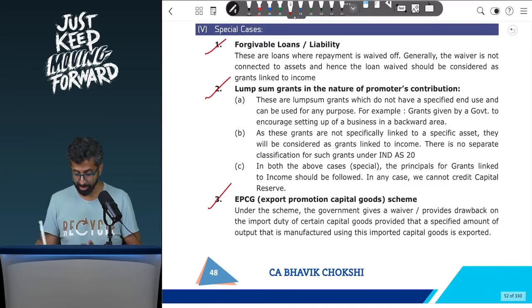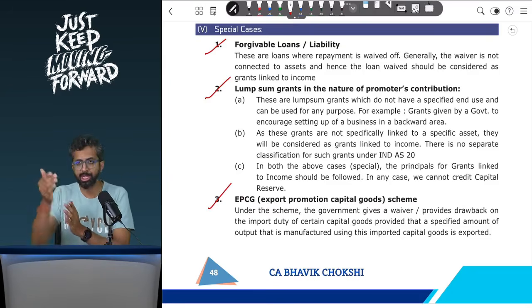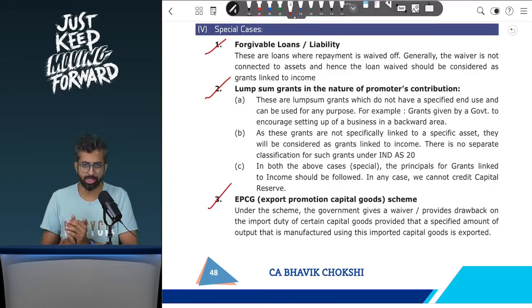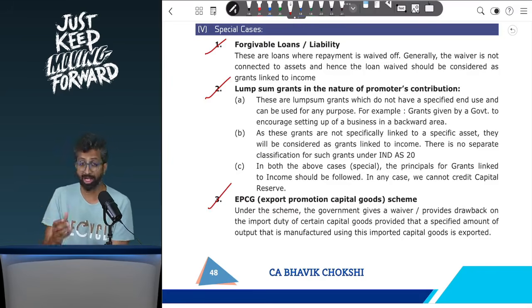Third is an EPCG scheme, Export Promotion Capital Goods Scheme. There is a specific ITFG case and an institute case as well on EPCG. So generally the objective of an EPCG scheme is that you can import capital goods, and the duty that you will have to pay on the capital goods will be either given as a drawback or an exemption, provided you meet specified export targets. Now the core objective in general of an EPCG scheme is to encourage exports.